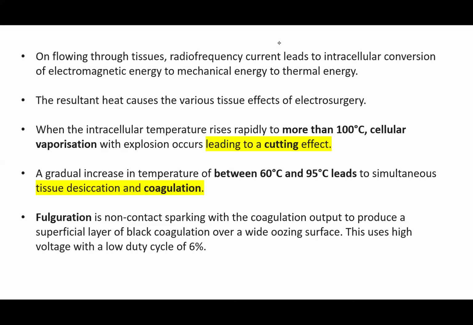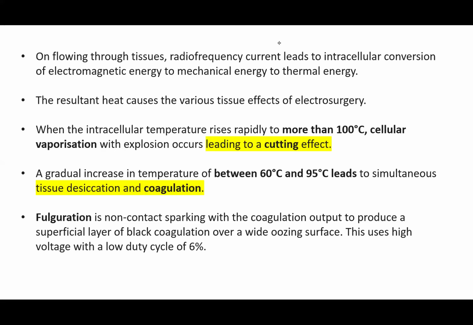When the intracellular temperature rises rapidly to more than 100 degrees Celsius, cellular vaporization with explosion occurs, leading to cutting effects. So a high temperature above 100 degrees Celsius will cause explosion of the cells, and this will lead to cutting of the tissue.